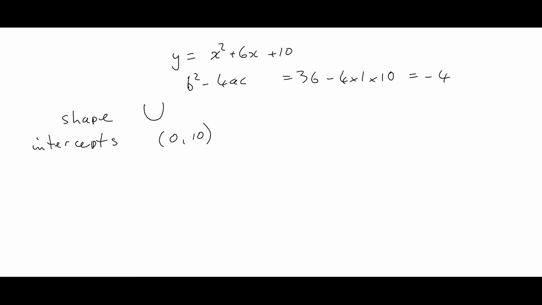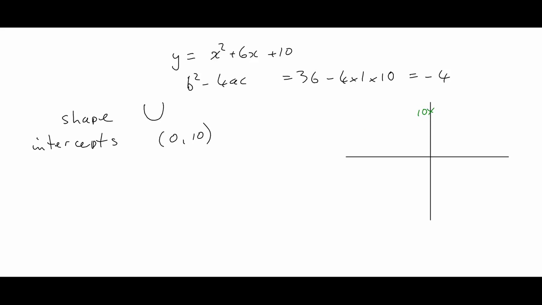So we want to sketch the function. We know that it goes through a point up here, 10, and we know it doesn't cross the x-axis. We know that it's a U shape. It has a minimum point, but we don't know where that minimum is. We don't know whether it looks like this or it looks like this. So that's what we shall find out.